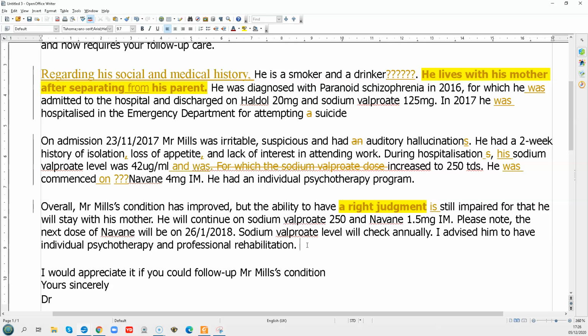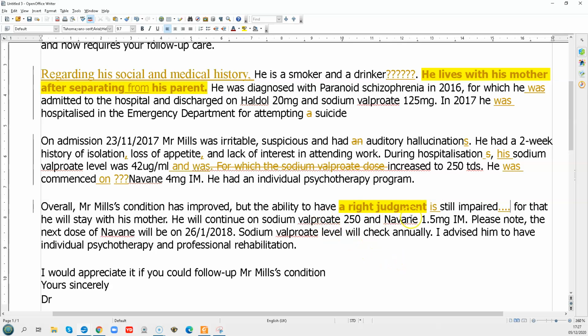So his judgmental ability is impaired. For that, he will stay with his mother. What? So he's going to stay. So he will stay with her because his ability is impaired, or he's being discharged, and separate issue, he's going to stay with his mother. So that's not very clear at all.